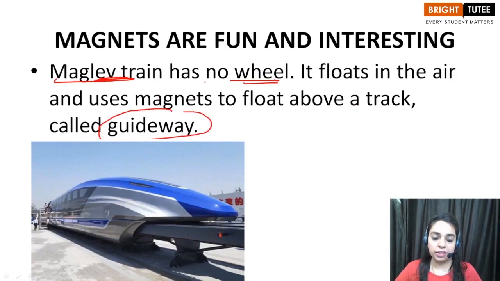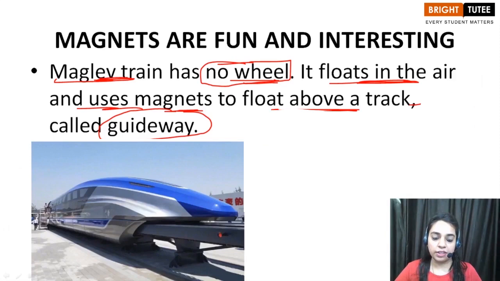These are the maglev trains. They have no wheels, first thing, and they float in the air and use the magnets to float above the track. And children, normal trains which move on a track experience a force of friction. Okay, and no such frictional force is experienced in these maglev trains, because there are no wheels and they are just moving in the air.